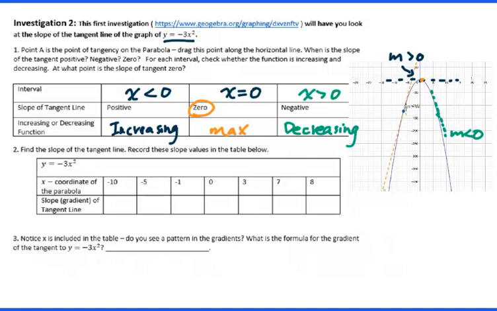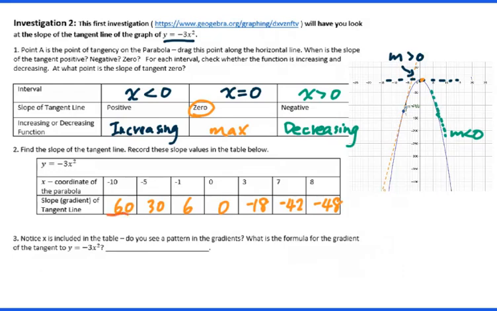We also figure out the value for slope of a tangent line when x equals different values. When x equals -10, this will be 60. 30, 6, 0, -18, -42, -48.